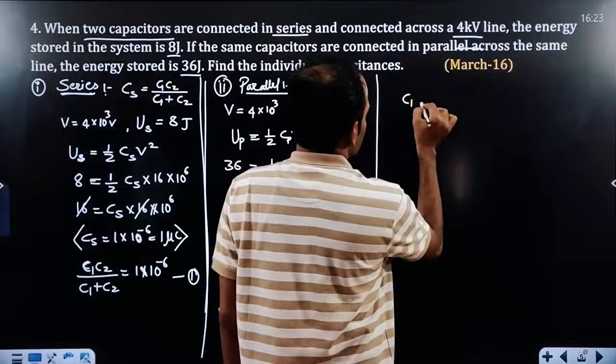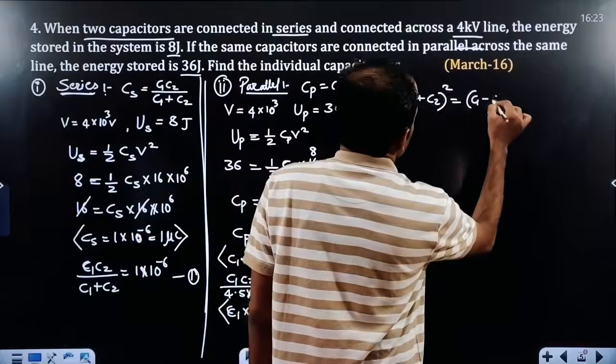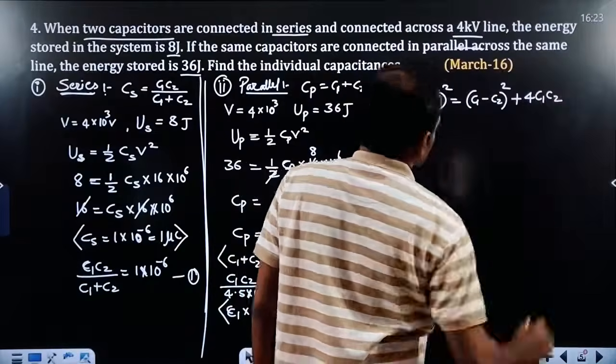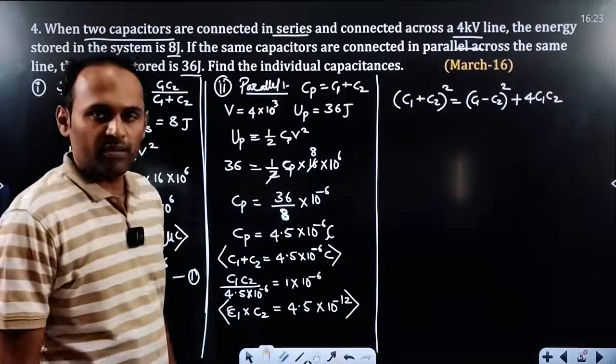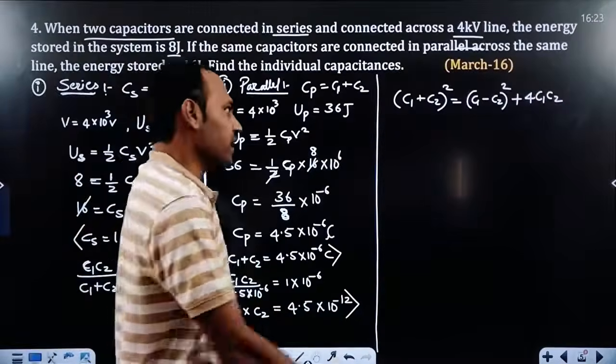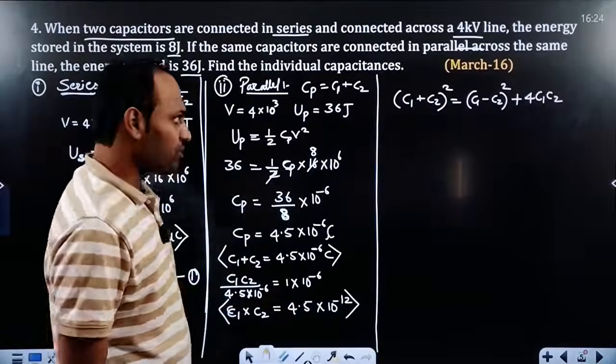So I will tell you that formula. C1 plus C2 whole square is equal to C1 minus C2 whole square plus 4 C1 into C2. That is, A plus B whole square is equal to A minus B whole square plus 4AB. That formula we have to use. C1 plus C2 is 4.5 into 10 raised to minus 6.